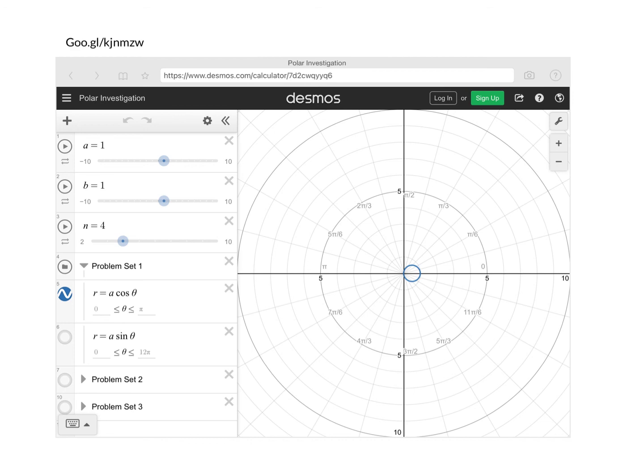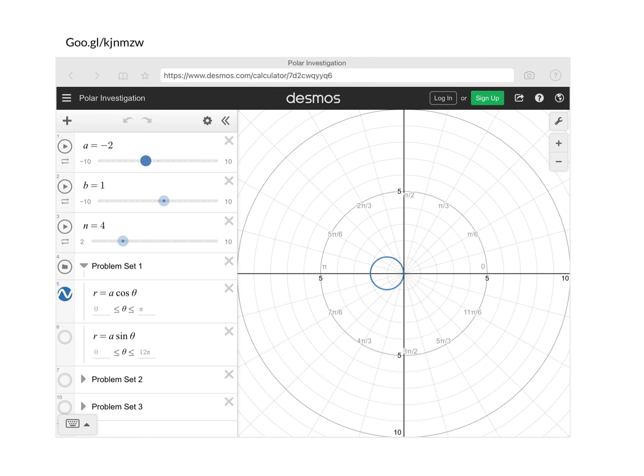So we're going to look at both the sine and the cosine. You can see the equations we're going to focus on are a cos theta and a sine theta. Let's see if I can make it work. Here we go. You can see what happens as I change my a value, and this graph becomes a circle.